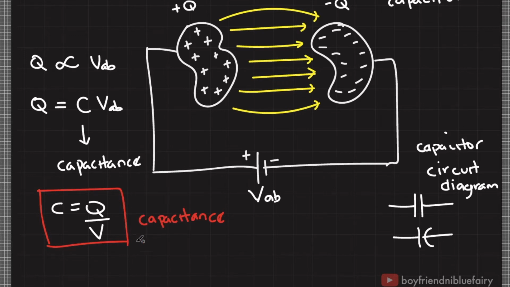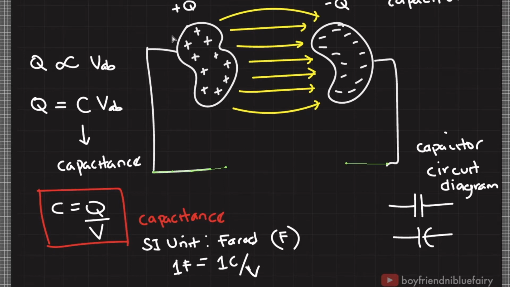Now the SI unit for capacitance is the farad, abbreviated by capital F. So based on the equation, 1 farad is also equal to 1 coulomb per volt.